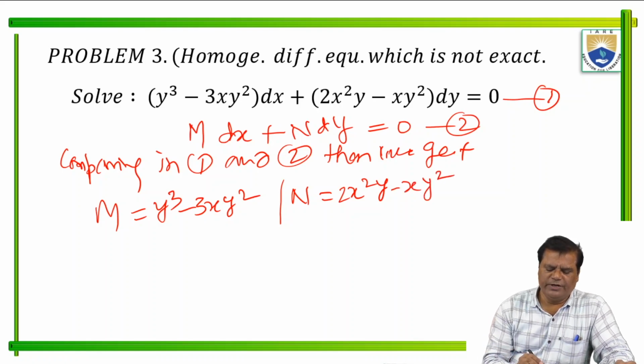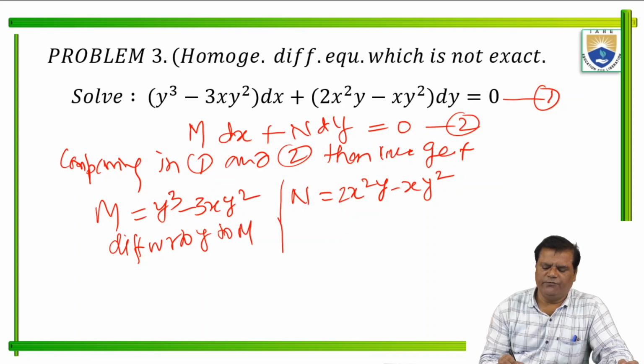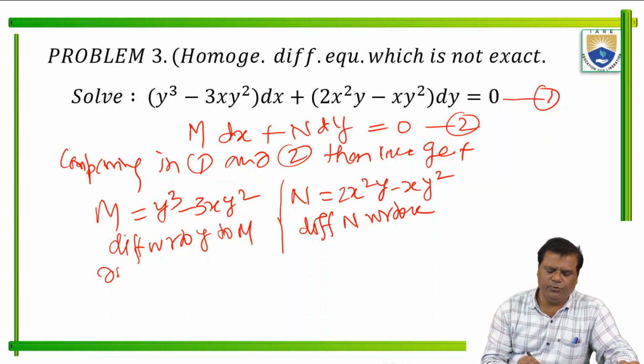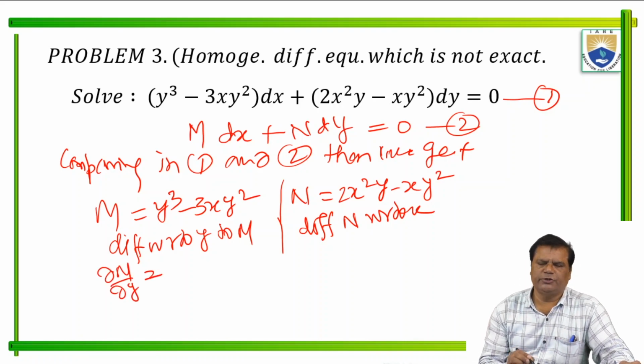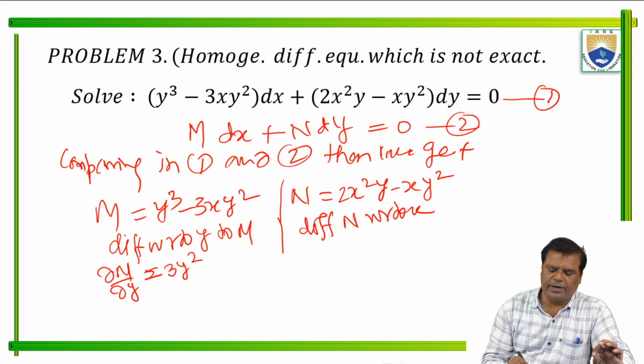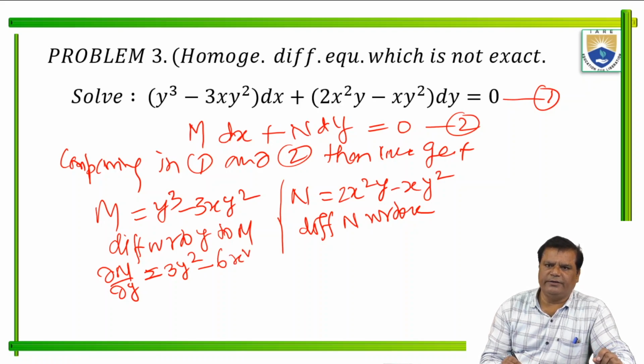Okay. So differentiating m with respect to y, and differentiating n with respect to x. Here del m over del y equal to, differentiating with respect to y, x as a constant, 3y square minus 6xy.